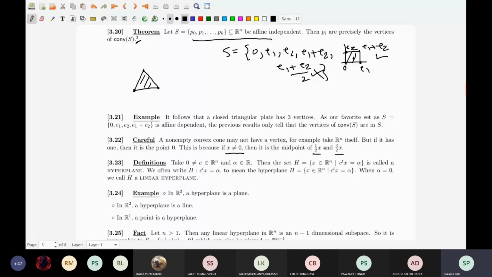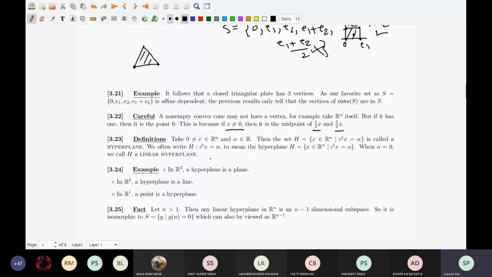Now we'll come to the definition of hyperplane. What is a hyperplane? A hyperplane is a kind of affine structure of n-1 dimensional subspaces. When you are talking about a subspace, it must pass through the origin.